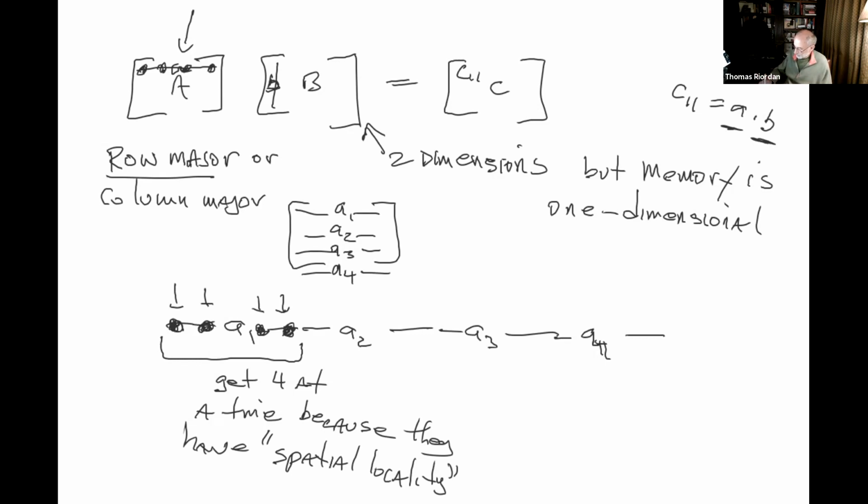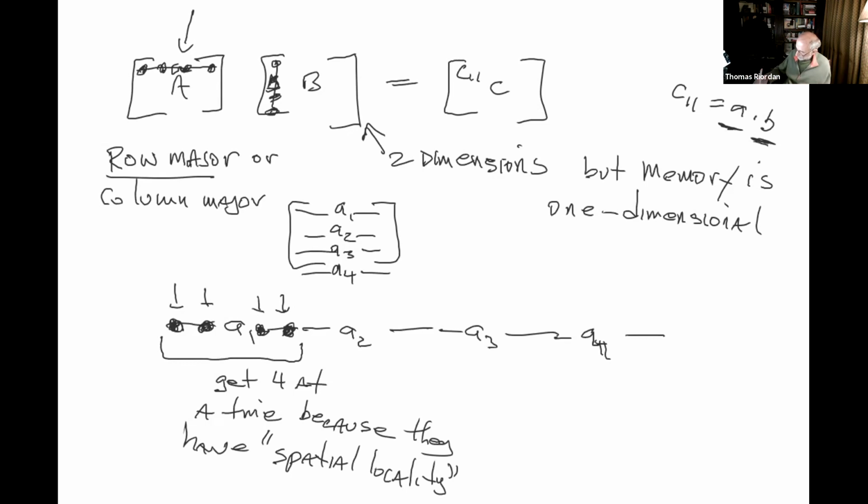But B is stored in memory the same way, right? All the matrices will be stored the same way, either row major or column major, because you don't know which way you're going to multiply them. So you just have to choose one way or the other. And so all the elements of B that we need in order to perform this dot product aren't going to be like this.